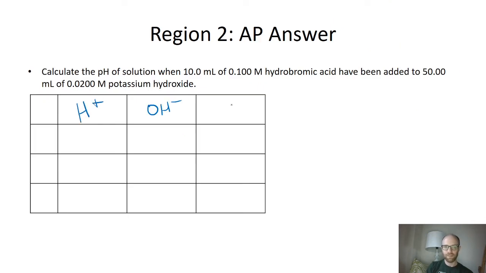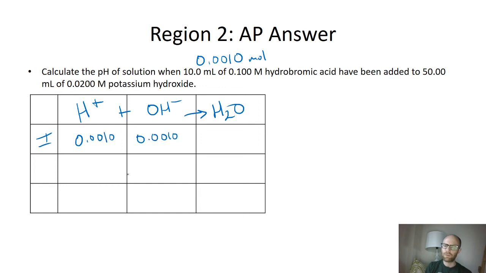But what you end up finding out is that this is 0.0010 moles. So initially, this is 0.010 moles and 0.0010 moles, because we did that before, it's the same hydroxide.